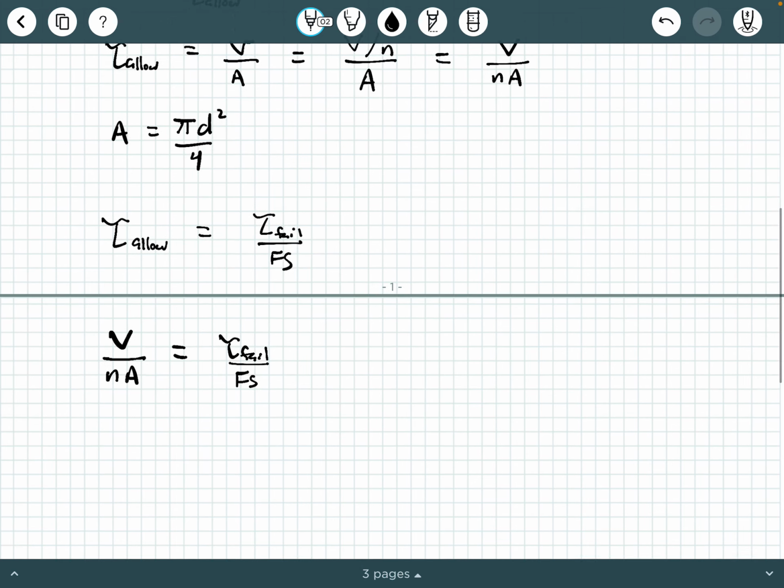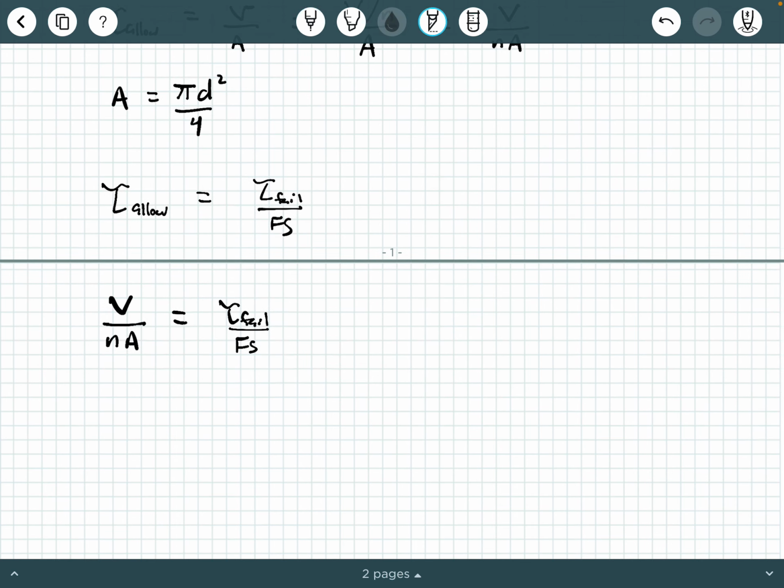Now, what can I do next? Well, I know that my cross-section area is pi d squared over 4, so I can substitute that in for that area right there, all right? So then I'm going to say V over N times pi d squared over 4 equals tau fail over factor of safety.